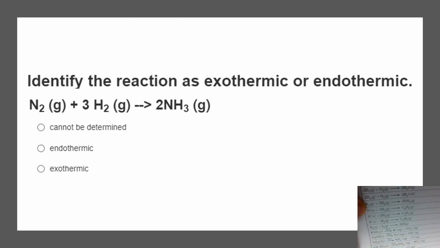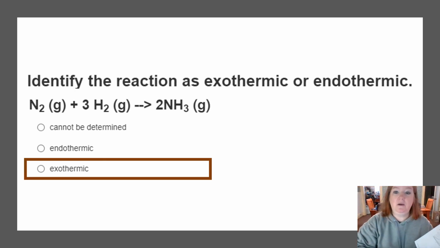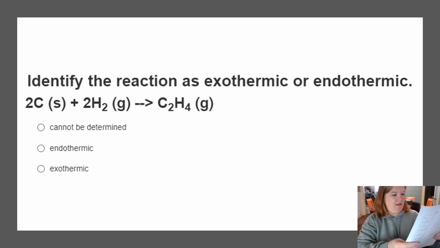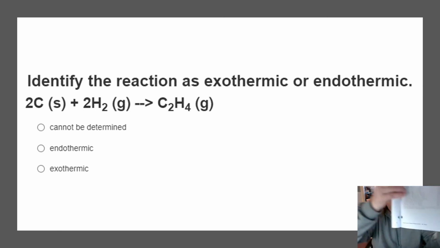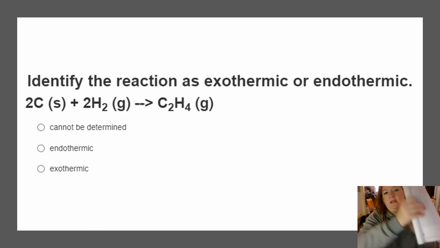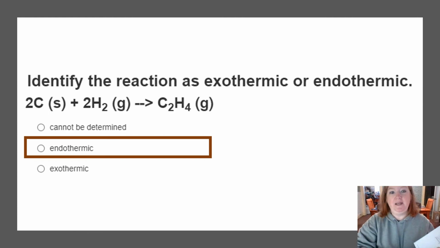You've got to check states of matter, okay? Then you go across and see if it's a negative sign, exothermic, which in this case it is. Same for this one. I've got to look at table I and find it. I have to check states of matter because it matters. It's not just random. Then I go across, and this one is endothermic.